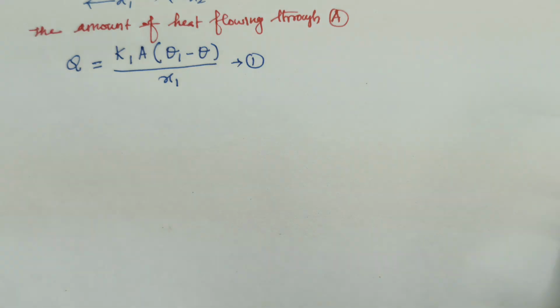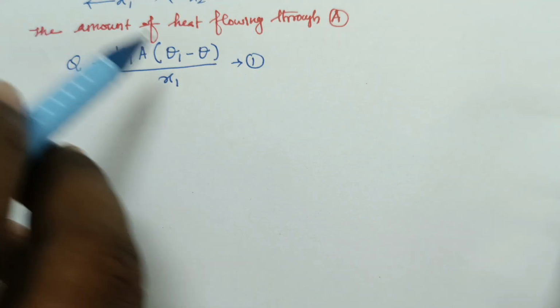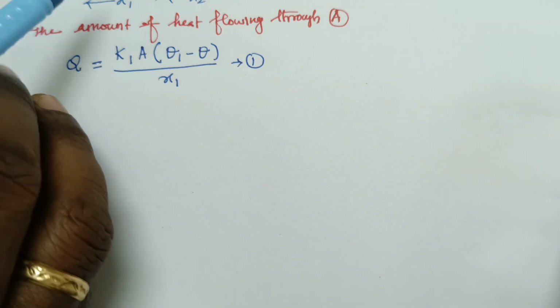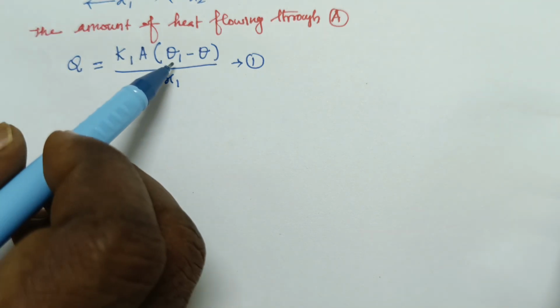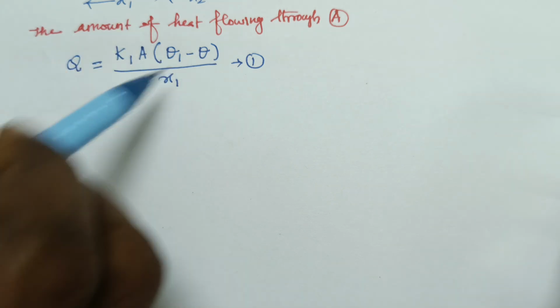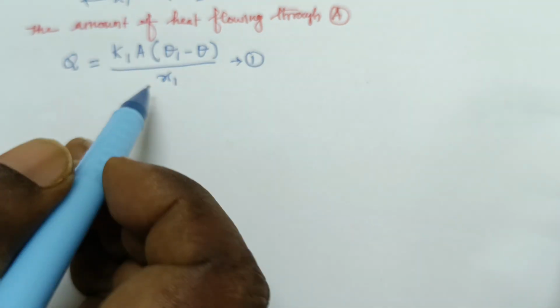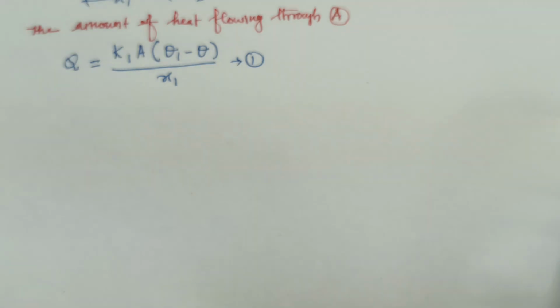The general equation for the amount of heat flowing is Q equal to K A theta by x. Here K1 is the conductivity of hot end A, A is the surface area of the material, theta 1 is the temperature at A, theta is the surface temperature, and the distances of A and B are x1 and x2 respectively. This is equation number 1.